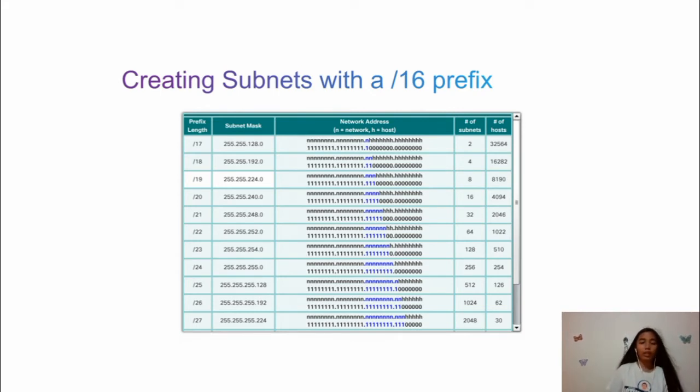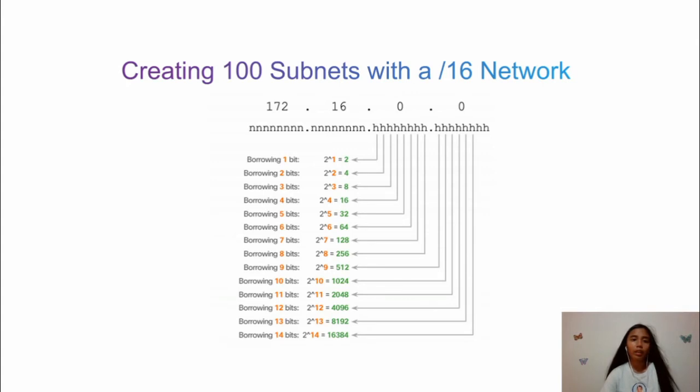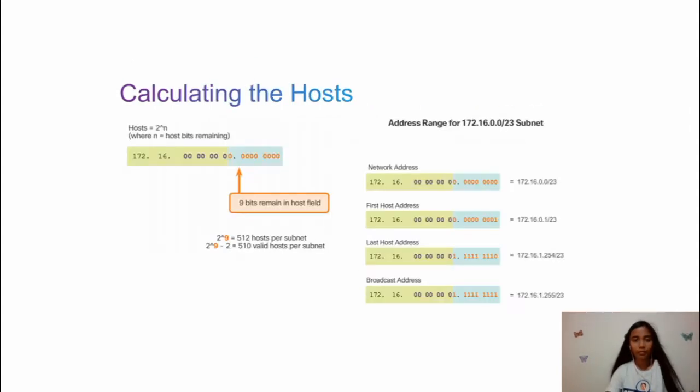So that is the example again for subnetting with the prefix notation /16. Here we are given 100 subnets with the /16 prefix notation, and here are the hosts that we will be calculating.